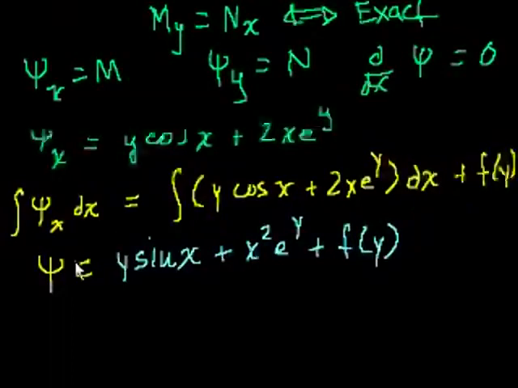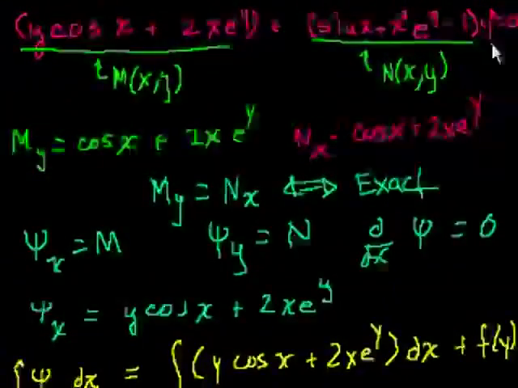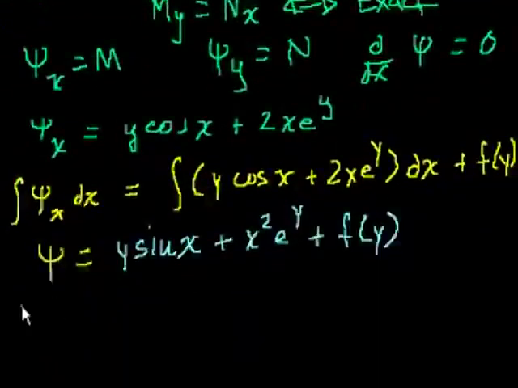Okay, so we're almost there. We've almost figured out our xi, but we still need to figure out this function of y. Well, we know that if we take the partial of this with respect to y, since this is an exact equation, we should get our n function. So let's do that. I'll switch notation just to expose you to it.